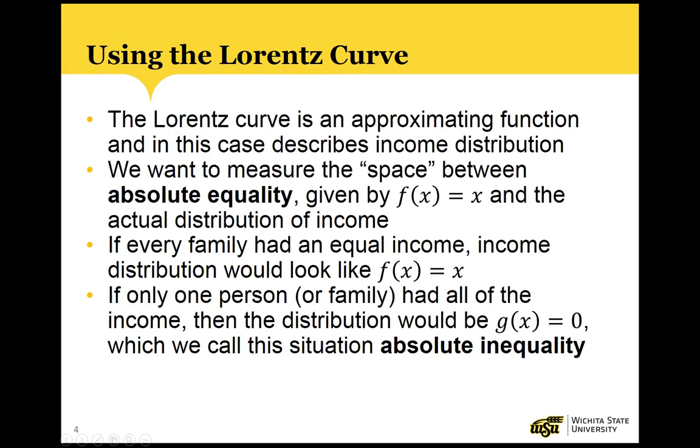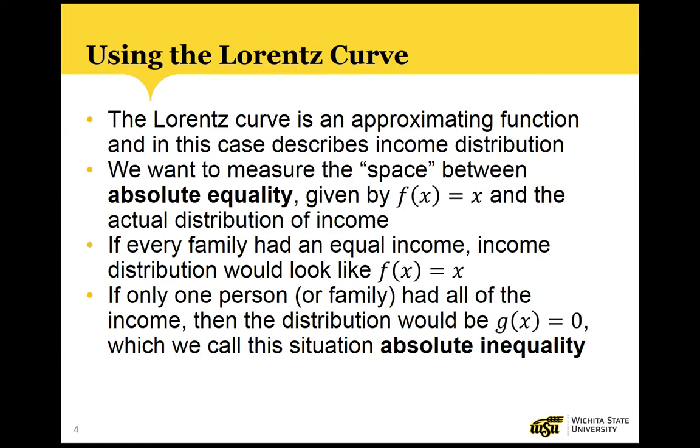The Lorenz curve is an approximating function, and in this case describes income distribution. We want to measure the space between absolute equality, given by the function f of x equals x, and the actual distribution of income. If every family had an equal income, the distribution would look like the identity function f of x equals x, spread evenly so the percentage of the population corresponds directly to the percentage of the income they account for.